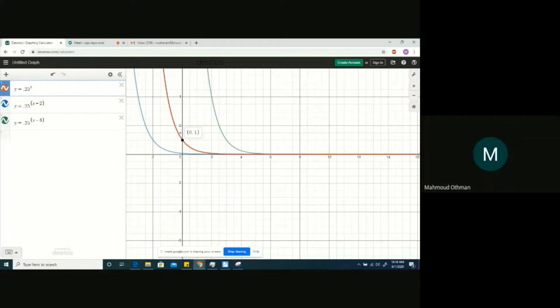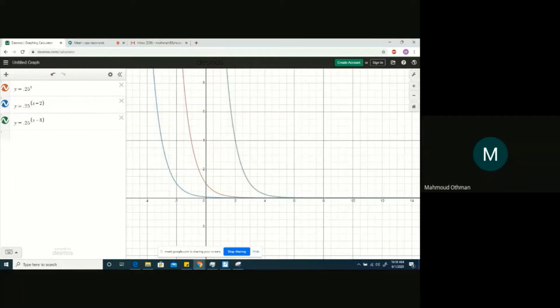It looks like it went 2 to the left. When x is -2, y is 1, which means when x is -3, it'll be the same as the parent function when x is -1, because it's the same thing, except shifted 2 to the left. So that means it's going to be (-3, 4). And there you go, (-3, 4).